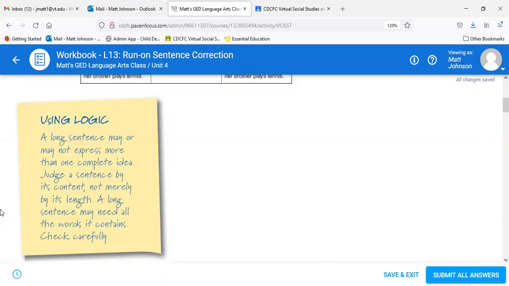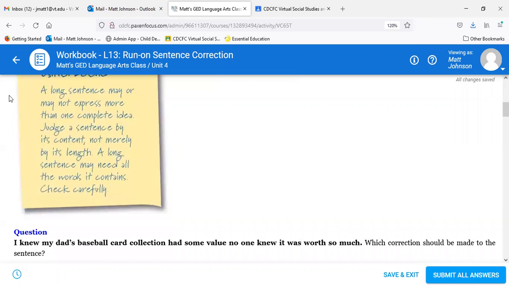A long sentence may need all the words it contains. Check carefully, right? Does it have more than one subject? Is there more than one complete idea? That gets a little more difficult when you get those long sentences, but that's going to help you understand where you may need punctuation or connecting words.